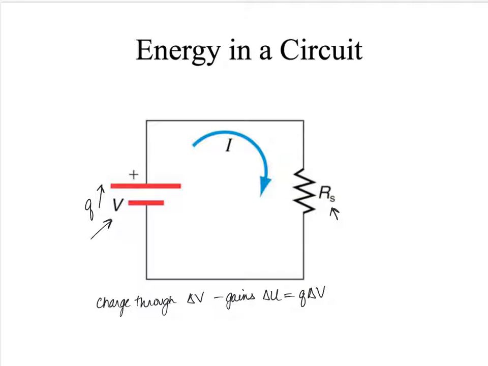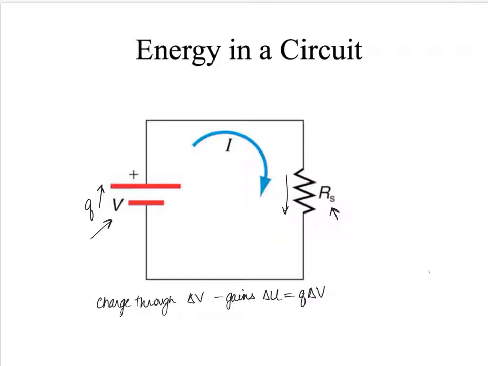But it's also going to lose that energy once it goes through the resistor, because the idea is that the energy that the charge gets, or the current is getting from the battery, is then lost as it completes the circuit. So it'll gain a certain amount of energy through the battery, but once it goes through the last element in the circuit, it will have lost all of the energy that it gained. This ends up making sense because we use the idealization, which we do a lot in physics, that the charges don't encounter any resistance as they go through the wires.